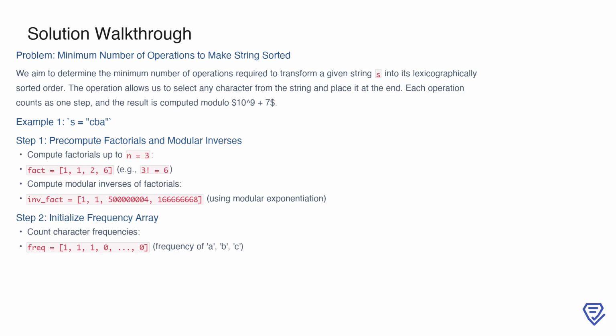Lastly, we initialize a frequency array to track the number of occurrences of each character, which here results in 1, 1, 1, 0, 0, since a, b, and c each appear once. These precomputations will help us efficiently calculate permutations as we process the string.